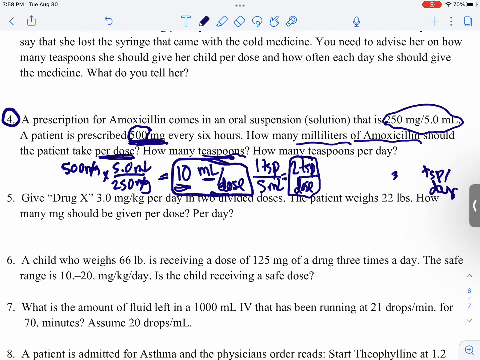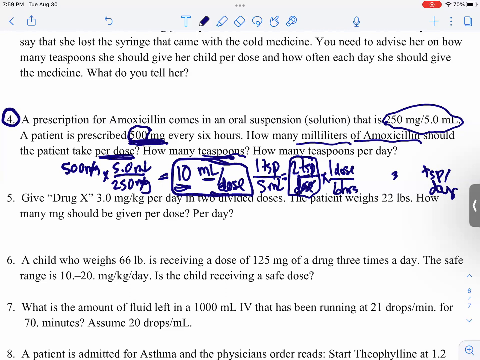And so if you have 2 teaspoons per dose, you're going to convert. You know that there's 2 teaspoons in a dose, and how often are you going to be giving that? You're going to be giving 1 dose in 6 hours, because you're wanting to get over to time, you're going to need to cancel out this dose.